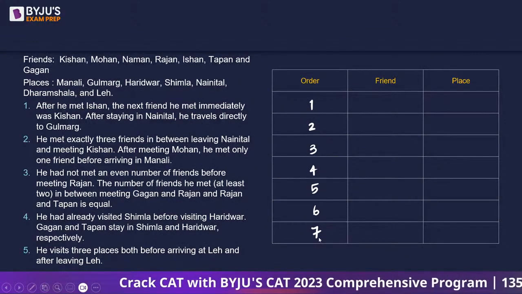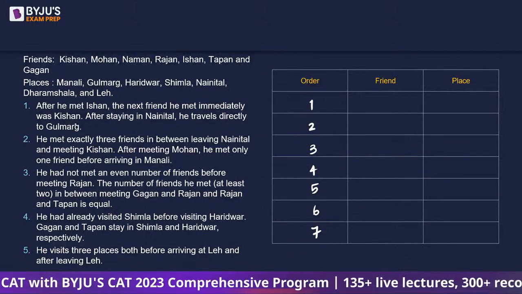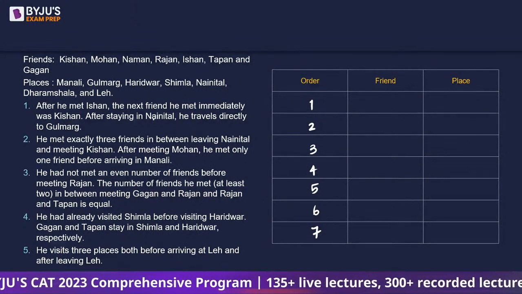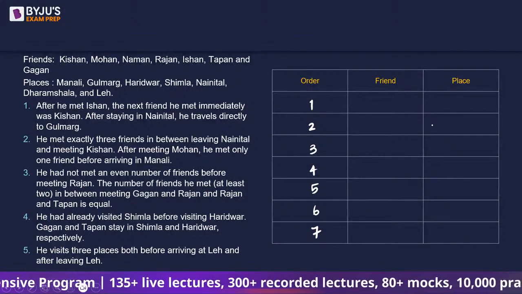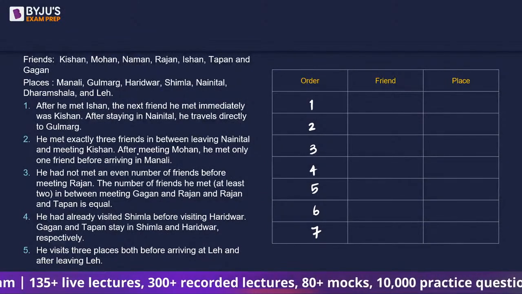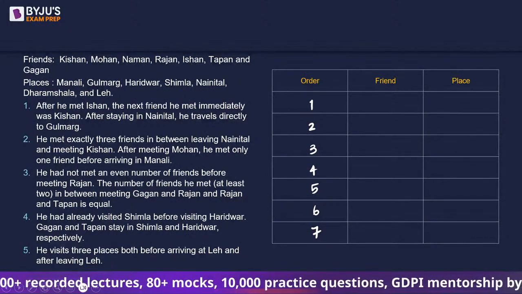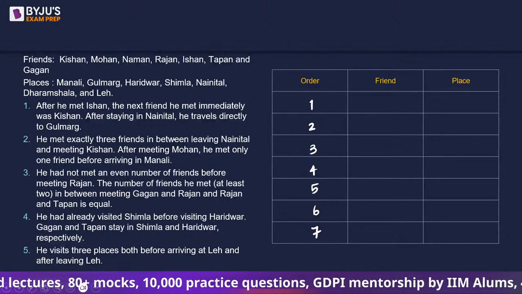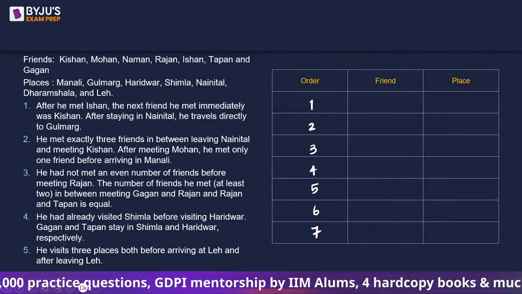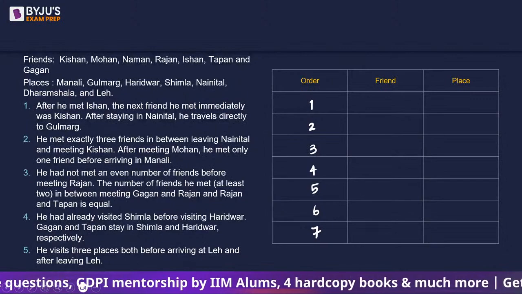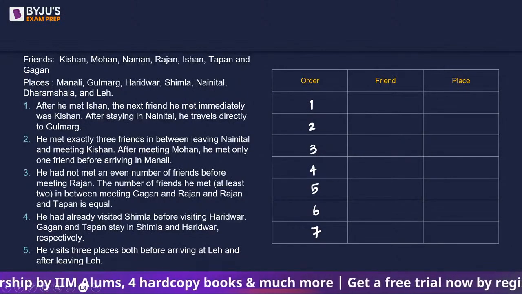So let's start. After he met Ishan, the next friend he immediately met was Kishan. Don't know where to put. After staying in Nainital, he travels directly to Gulmarg. No idea. Okay? He met exactly 3 friends in between leaving Nainital and meeting Kishan. After meeting Mohan, he met only 1 friend before arriving in Manali.